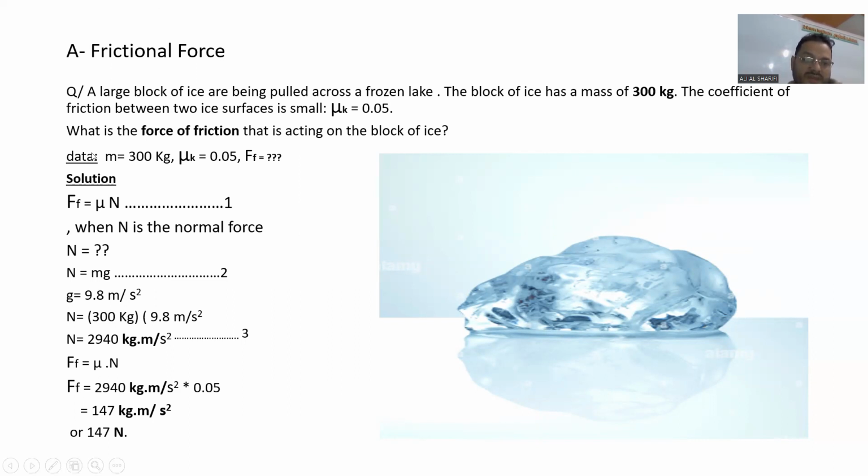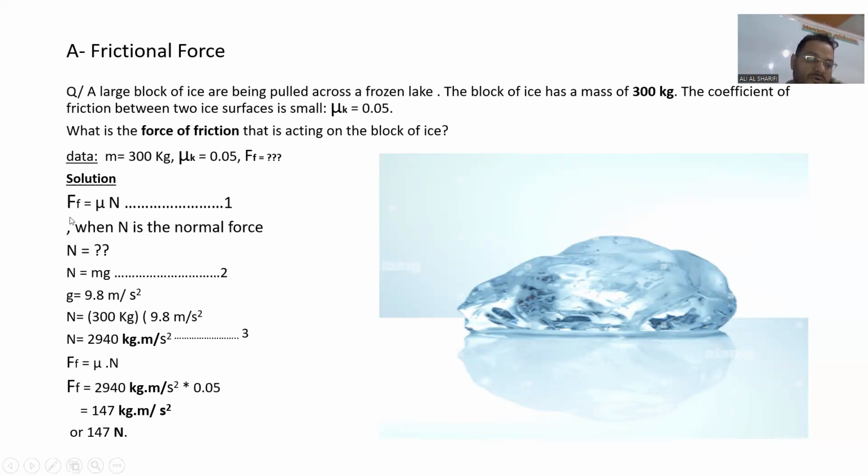Here I will start from the data. What I have: the mass of the block of ice equals 300 kilograms. The mu, the coefficient of friction, is small, as written there, equal to 0.05. What is the friction force between these two ice bodies?